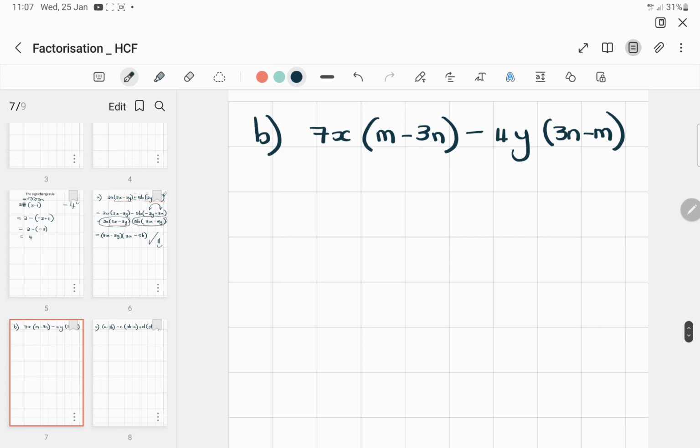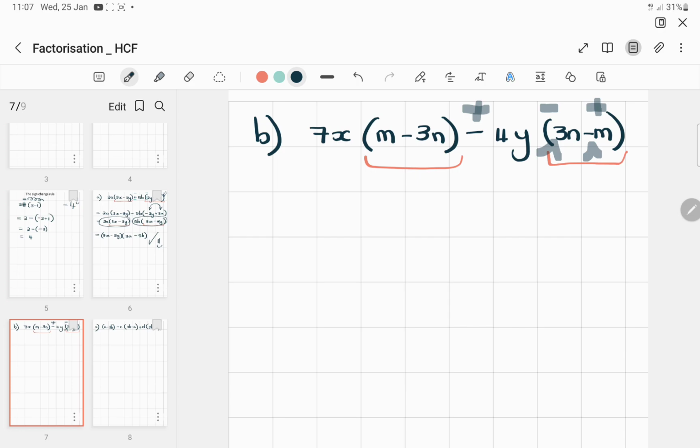All right, and then if we move on to the next slide, you've got m minus 3n, and at first glance the brackets look the same, but if you look closely, it's a negative 3n, and here's a positive 3n. Over here is a positive m, and in the second bracket is a negative m. So I'll need to change the sign in the middle to a positive, and then the 3n will become a negative 3n, and the negative m will become a positive m.